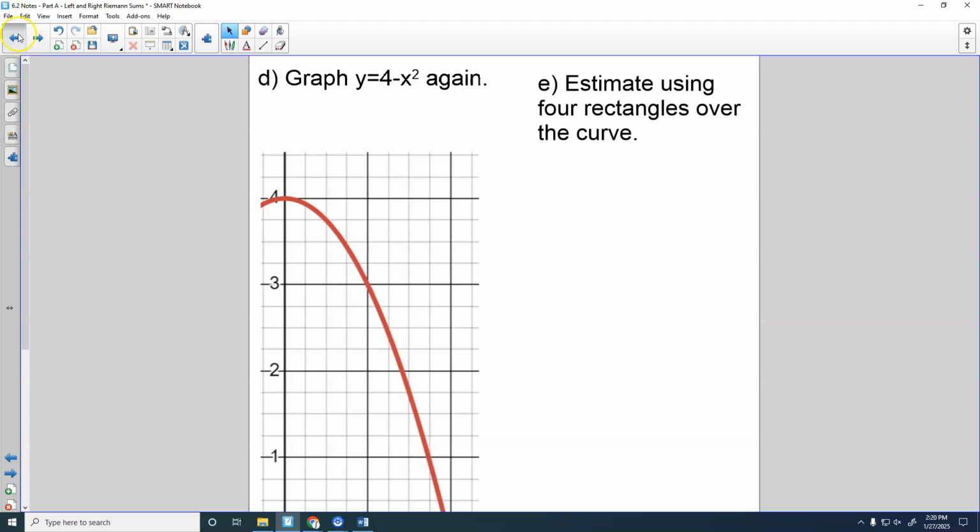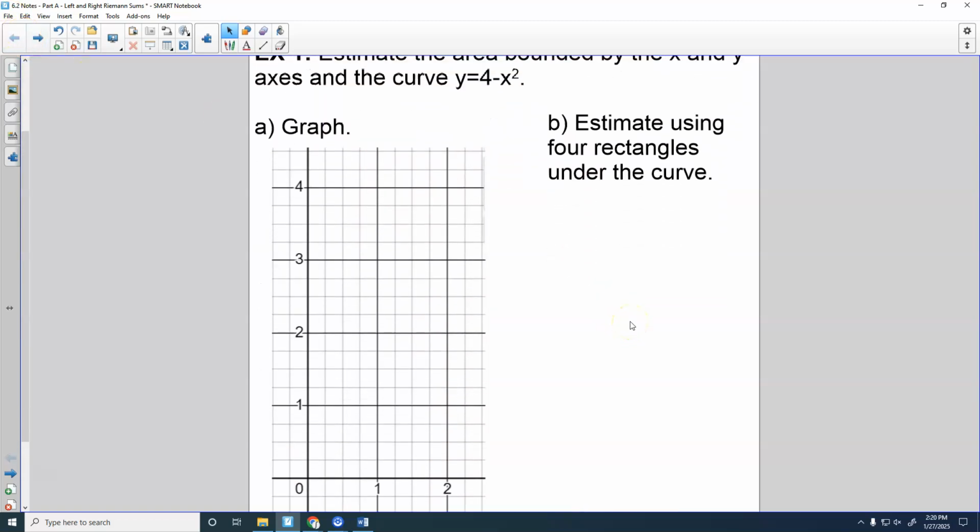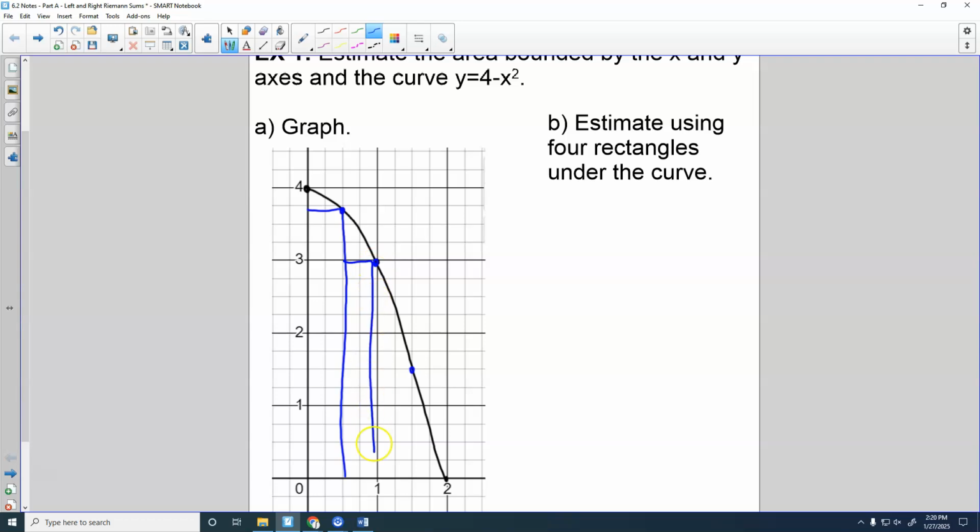Whenever we looked at, flipping back to example 1, you had a graph that looked like this, and whenever we were doing the rectangles underneath the curve, they looked like this here, but much better because I had drawn them with the rectangle tool.